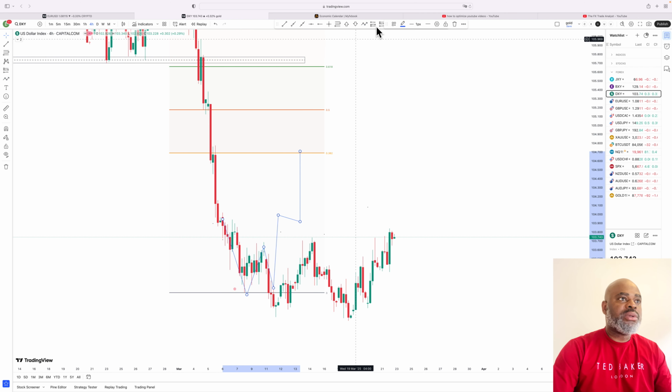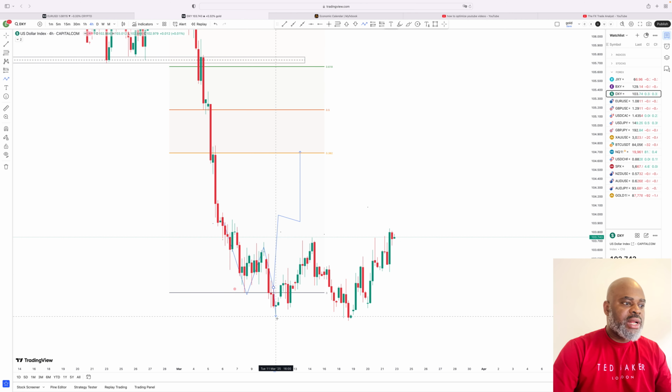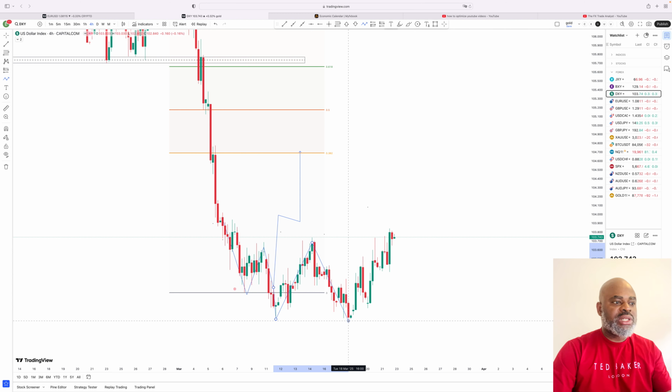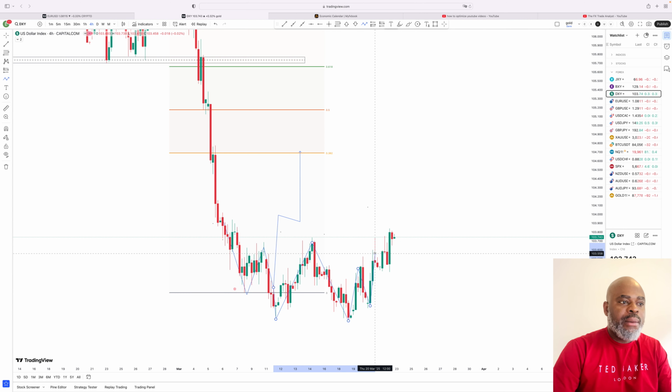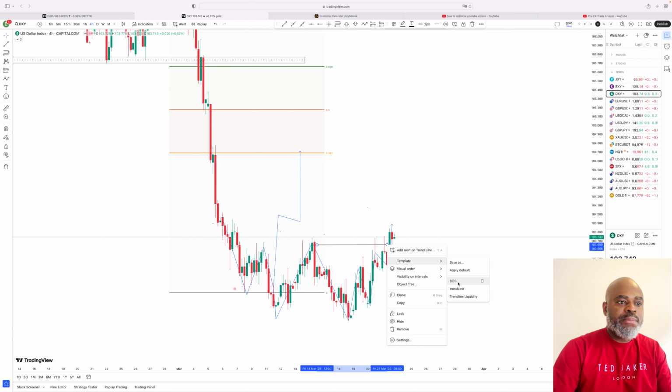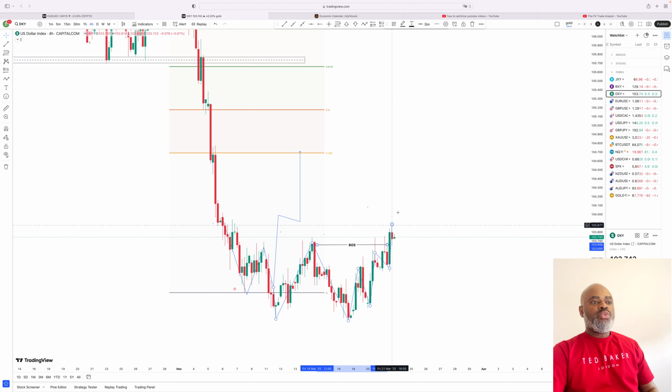But what we saw happen in the last week was a sweep under this liquidity. It came back up and then came back again to sweep the liquidity generated for all the people who had taken a long position before. It now seems that it's beginning to make its way back up again. And if you look at this, you will see a clear break of structure before the close of the market, and then we might possibly begin to see a move to the upside.